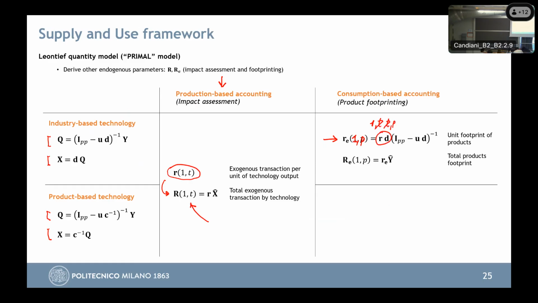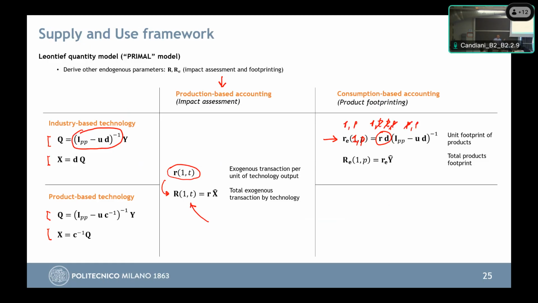It's just some set of averages. Then I'm post-multiplying this by the Leontief inverse matrix. And in case of the industry-based technology assumption, the Leontief inverse is the one that we picked here: product by product, I minus U times the inverse. So in this case, this table is a product by product table. So I'm simplifying also the products here, and I get a final RE, the footprints, 1 by product.